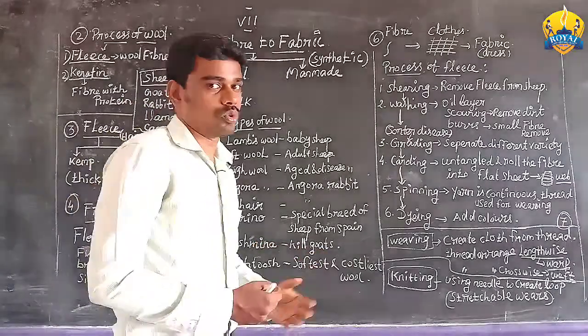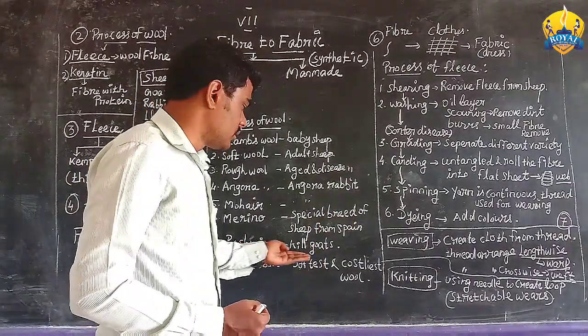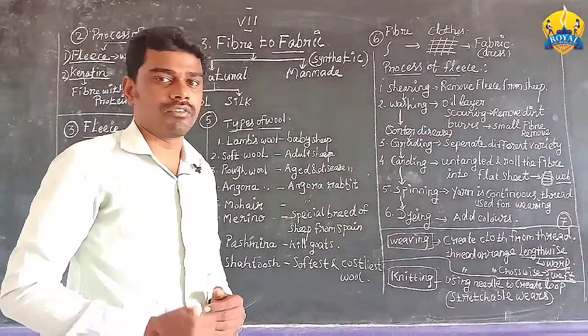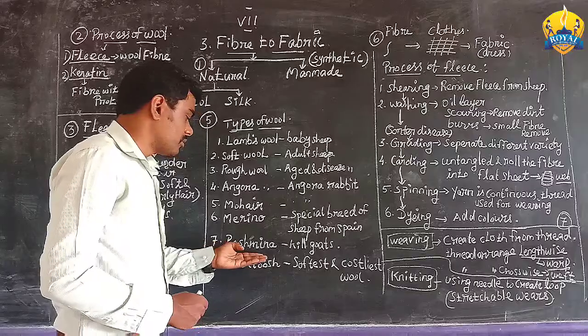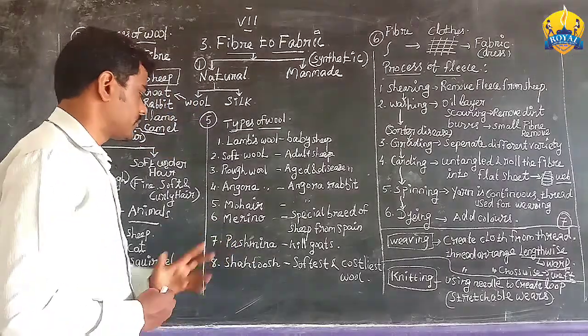Pashmina is from hill goats, in hilly regions. This kind of goat can tolerate any kind of climatic condition, winter or summer, which is why they are known as hill goats. That is pashmina wool fiber.